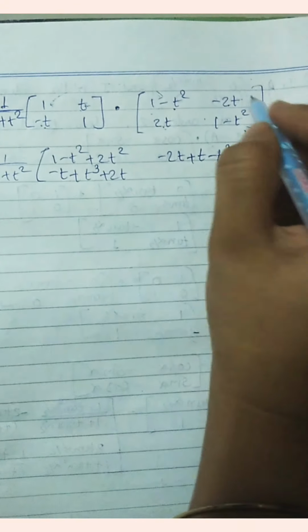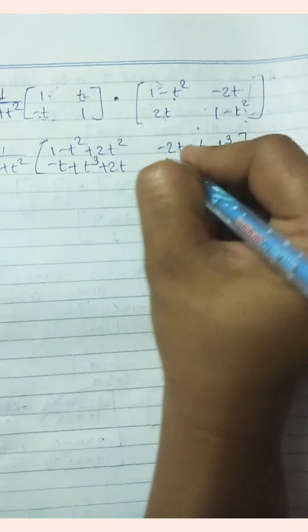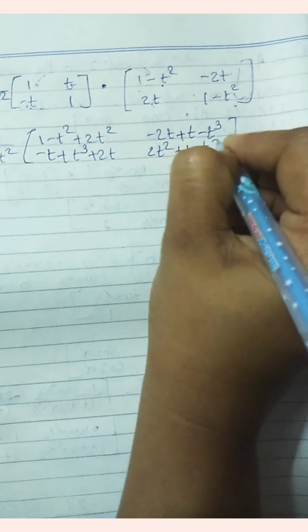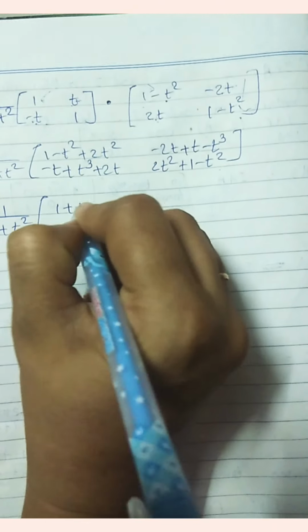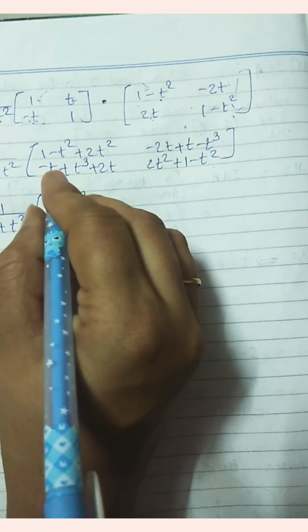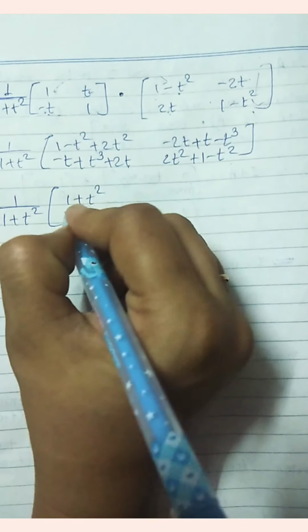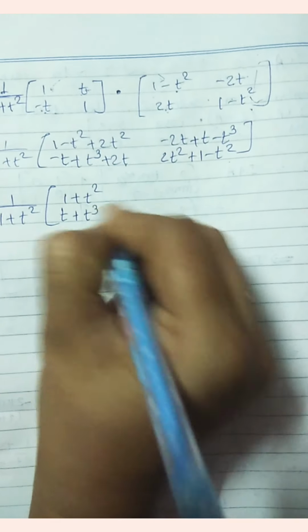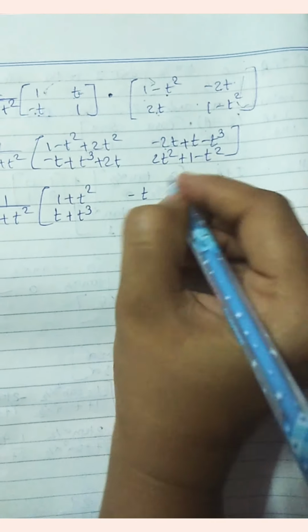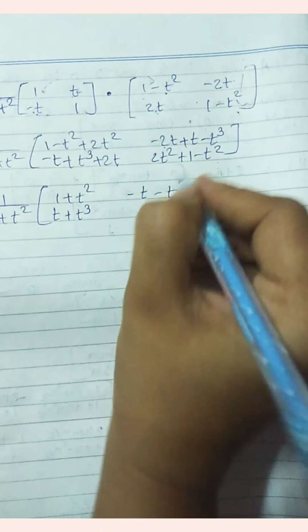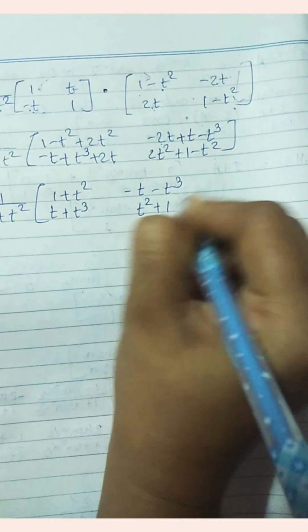Again second row, second column, so minus minus plus 2t square plus 1 minus t square. Okay, so what I have, basically I will get 1 plus t square. Here from this minus t plus 2t, that is t plus t cube. Here also minus 2t plus t, that is minus t minus t cube. Here t square plus 1.